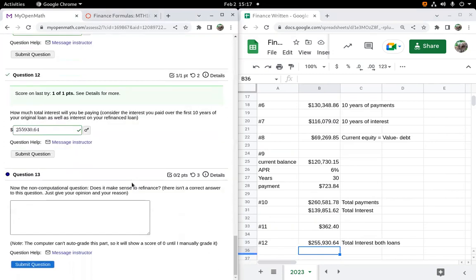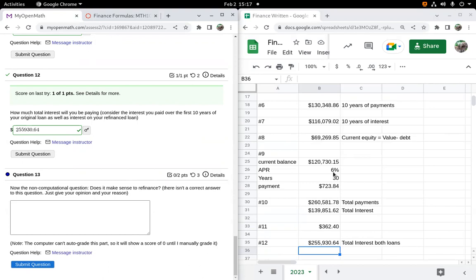All right, now, next part is just kind of think about this whole process. Is it really worth it for you to do this particular scenario? All right, so the new 30-year loan at 6%. So there's a lot of things to think about in there. The extension of another 10 years of payments, we're paying less each month, which is kind of nice.